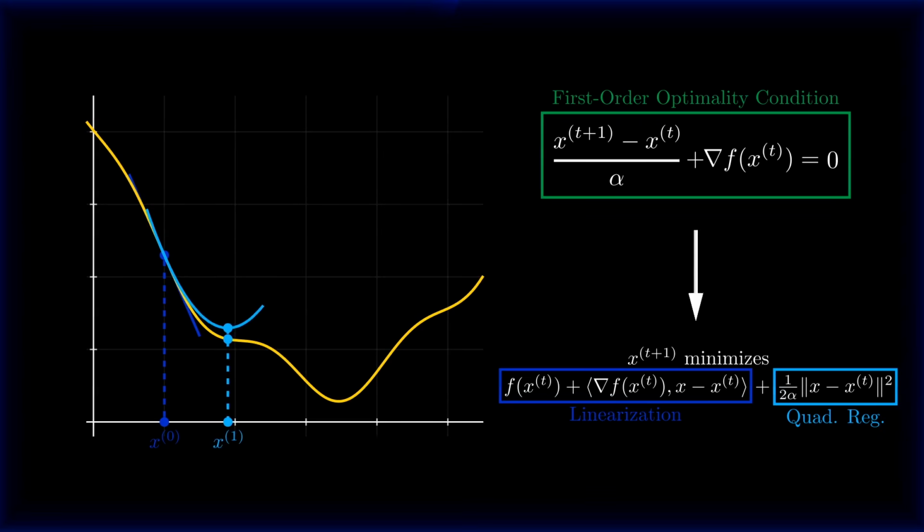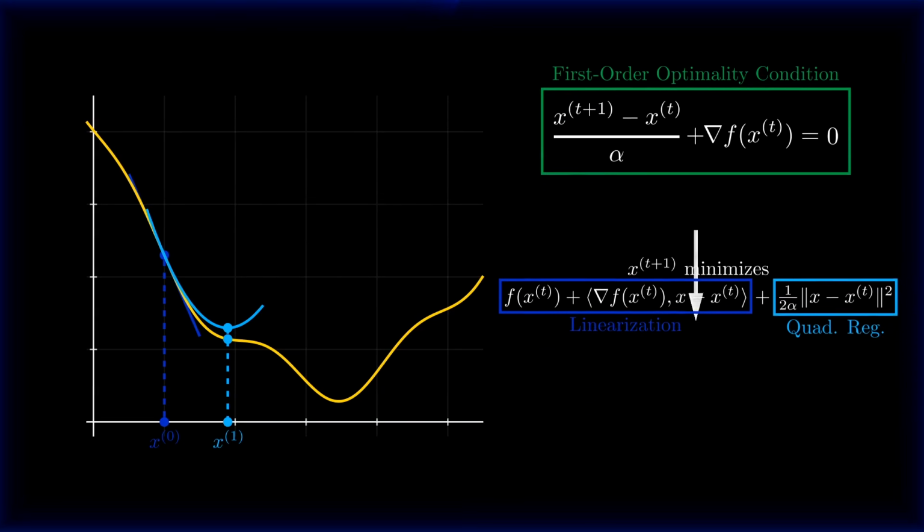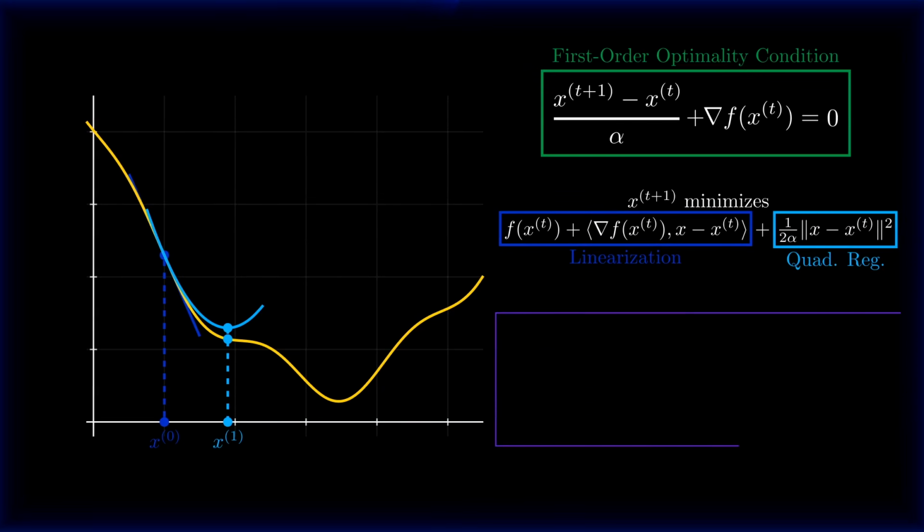Namely, since the gradient step minimizes this simple quadratic approximation to our function, it would be quite helpful if we could bound the objective function at every point from above by such a quadratic, such that if we minimize this quadratic upper bound with each gradient step, we directly ensure that this also leads to a decrease in the objective itself.